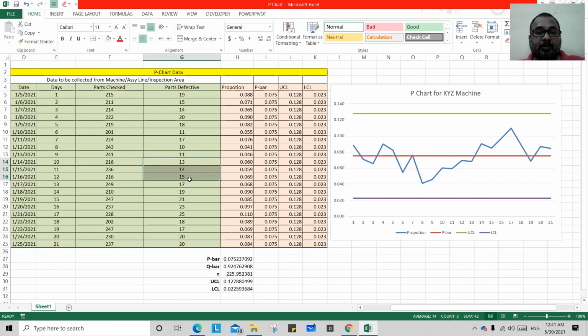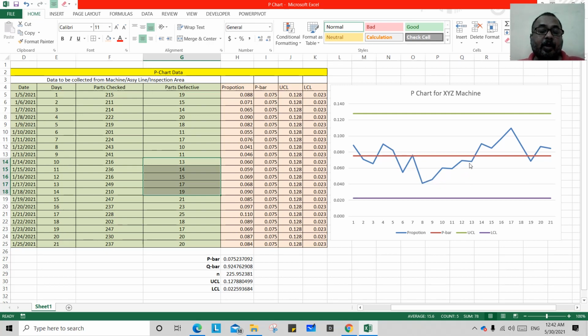Any 6 or 7 consecutive points in an upper trend or in a lower trend indicate a pattern. If this pattern shows that 6-7 points are going in an upward direction, that means your defectiveness is increasing.